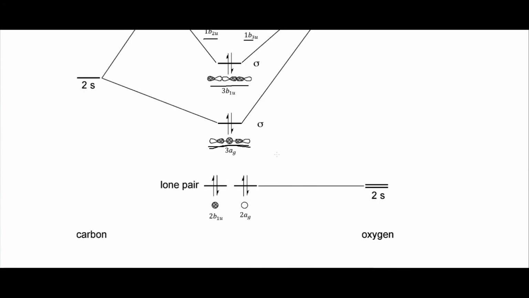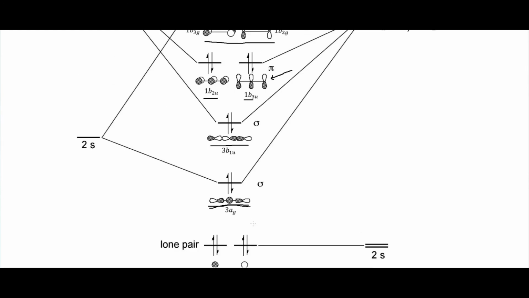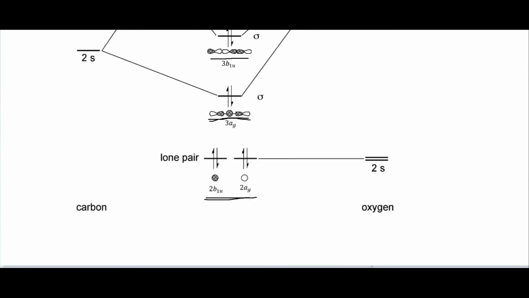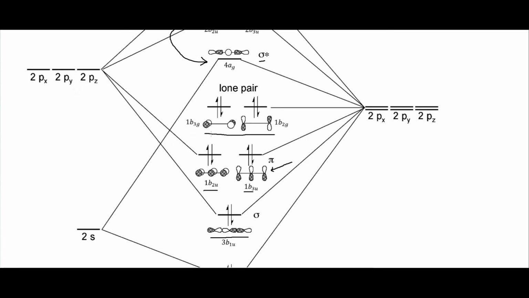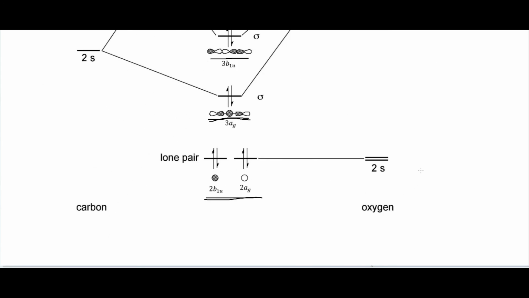And of course, then we have our 2s coming from the oxygens, which form these lone pairs, these non-bonding ones here. So we have the 2 lone pairs here, and we have these 2 lone pairs here, and that should accord with what we know from the Lewis structure, which has 2 lone pairs.